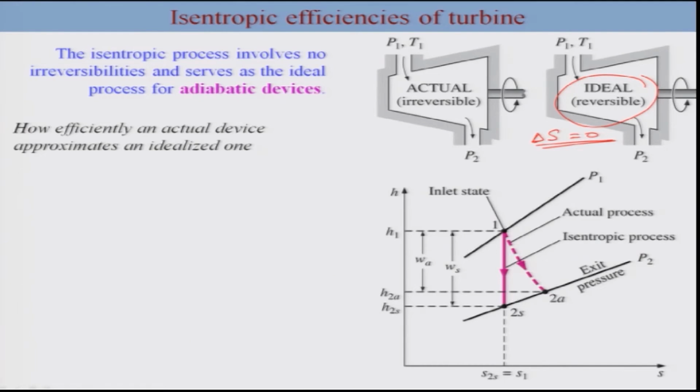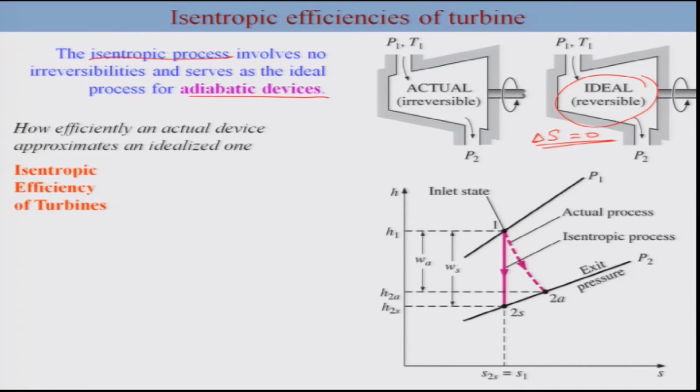So most of these devices will be operating in those conditions, and isentropic process will serve as an ideal process for the adiabatic device. Okay, and this is what we are going to take as a kind of theoretical limit. Okay, so in order to find the efficiency of normal turbine, we are going to consider the following.